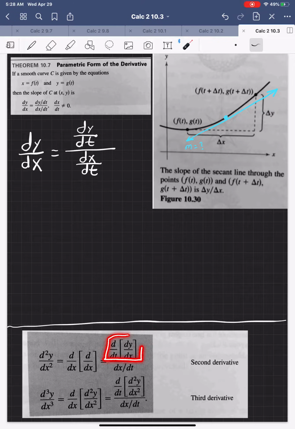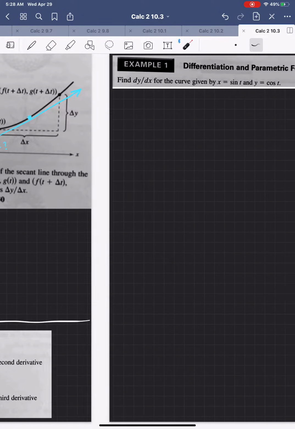I hope that part right here makes sense. Then if you know your second derivative, you'd have to take the derivative with respect to t of your second derivative to get your third derivative. I hope that makes sense. If it doesn't quite, then maybe it will as we proceed.